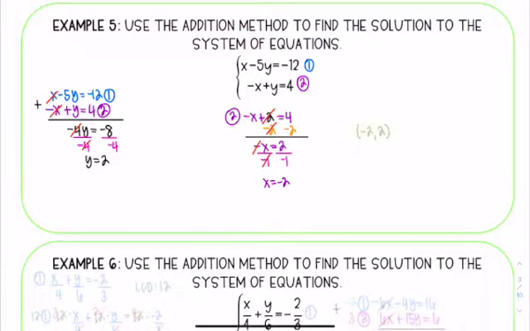And so putting them in the right order, we end up with the point negative 2, 2.